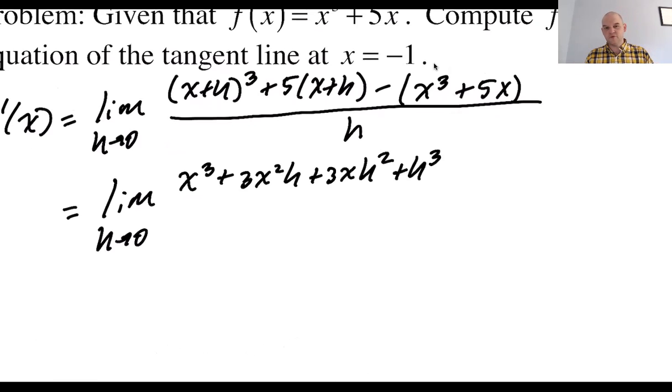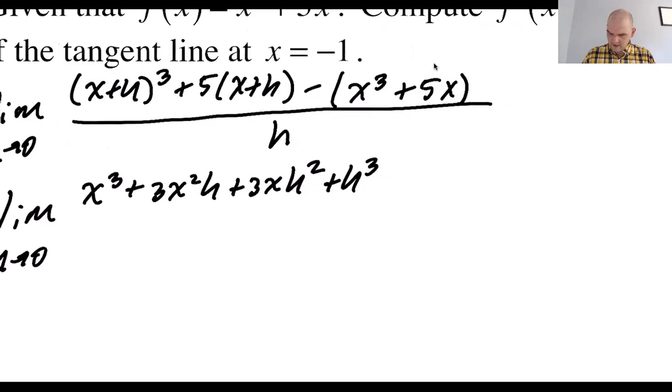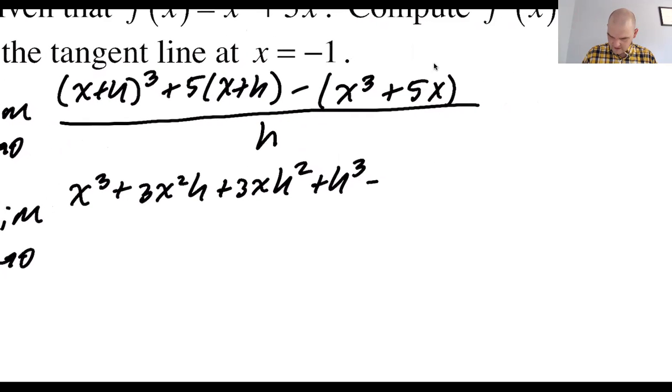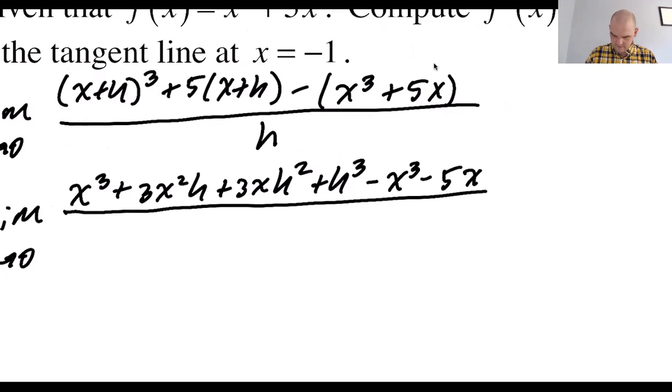So that's 1, 3, 3, 1. And then x cubed down to x to the 0, h to the 0 up to h cubed. H to the 0 sounds like a rap lyric. Okay, and then minus x cubed minus 5x. That's why we put that in parentheses, so we don't mess that up.